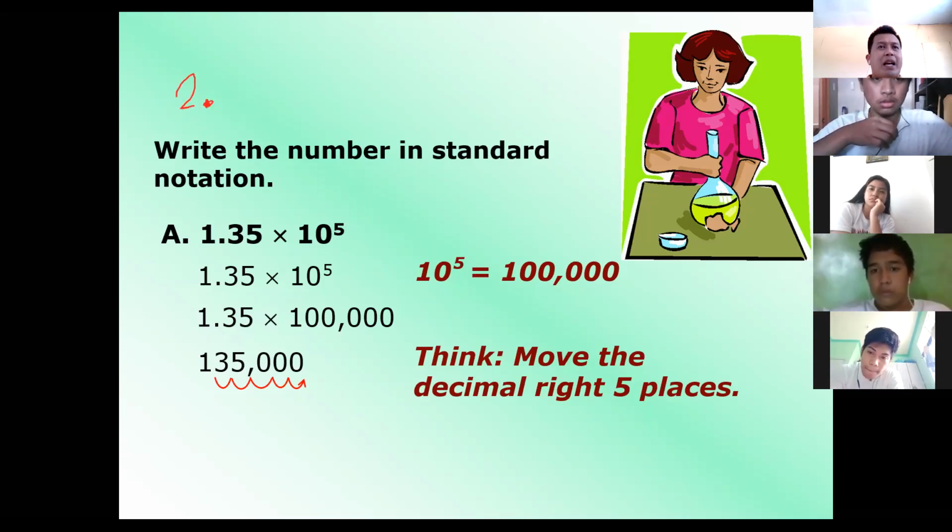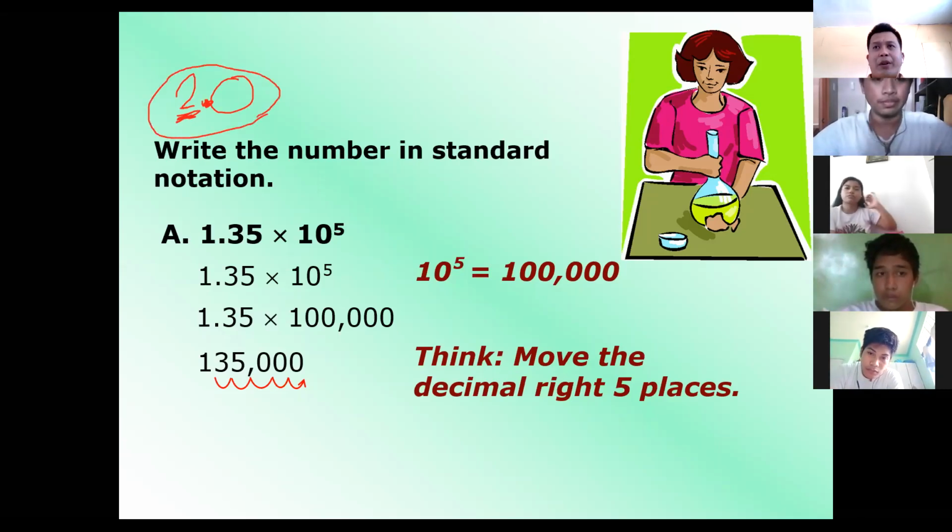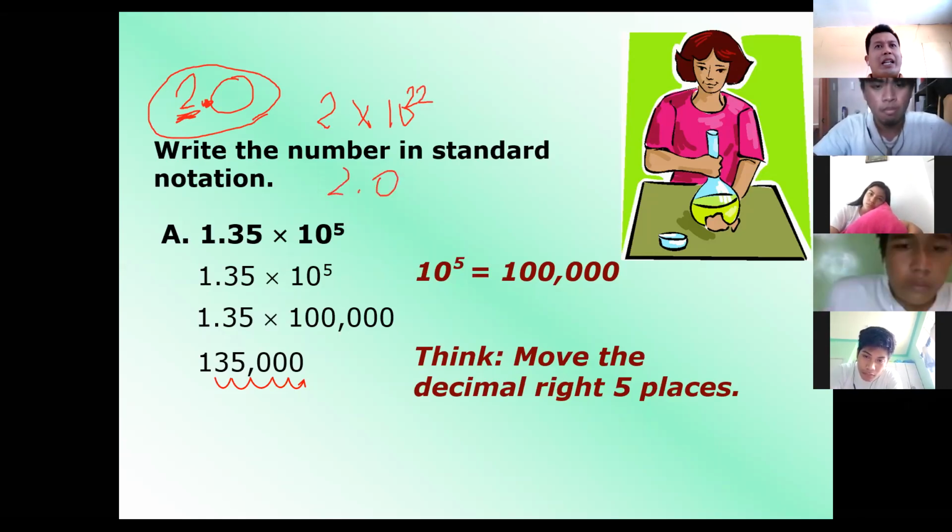The number of significant digits is just 1, which is the 2. This 0.0 simply showcases the location of your decimal point. The answer is 2 times 10 to the power of 22. It's okay. It's just that the notation 2.0 tells us where the decimal point is located.